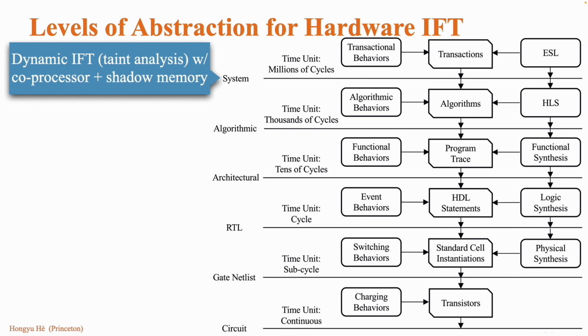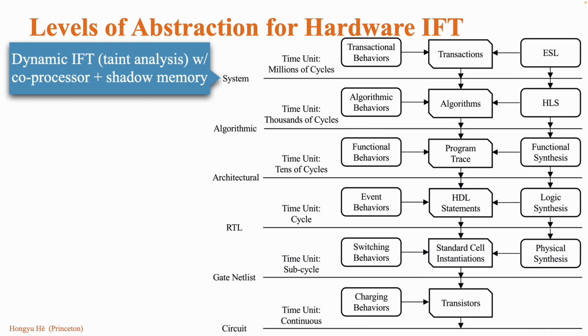At the top, for example, we have the system level overview. We have some dynamic IFT, where you can have a hardware coprocessor dedicated to the taint analysis logic alongside the actual operations, with shadow memory tracking which block of data is moved to where and so on.